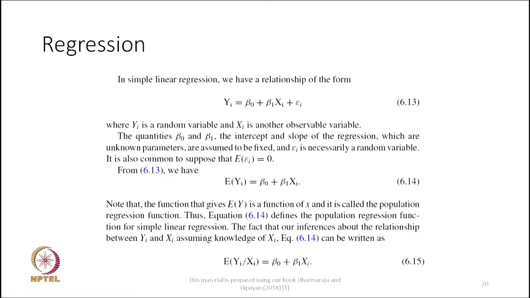Y is a dependent variable, xi is an independent variable. And the quantities beta naught and beta 1 are the intercept and the slope of the regression respectively, which are unknown parameters. Later we are going to estimate these parameters beta naught and beta 1.